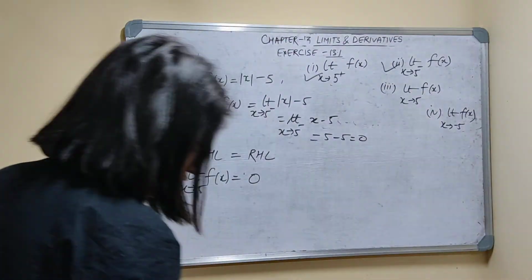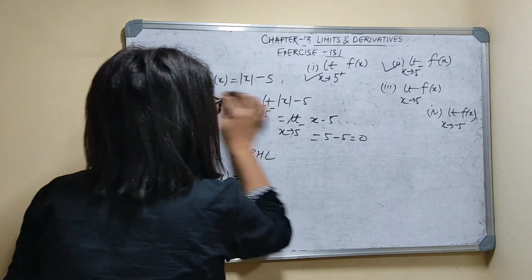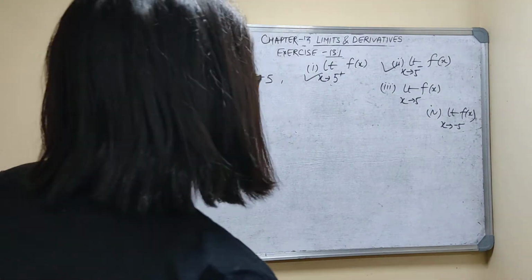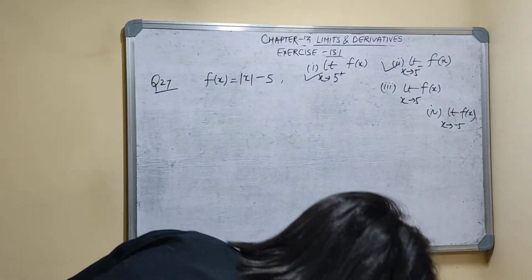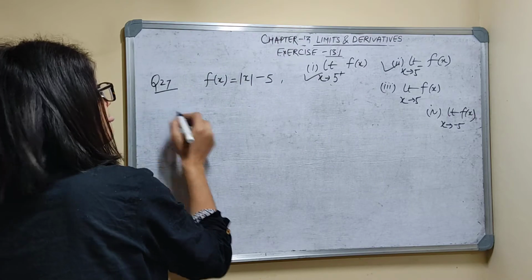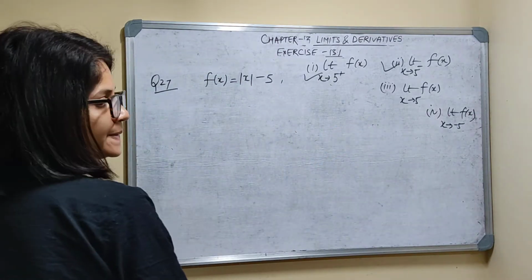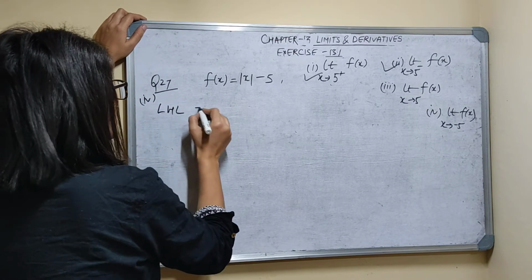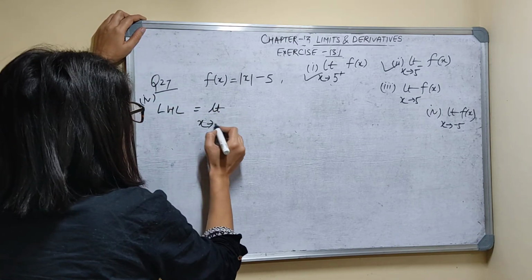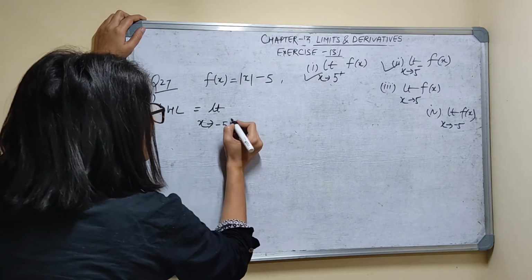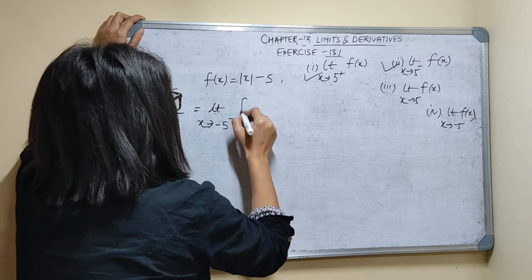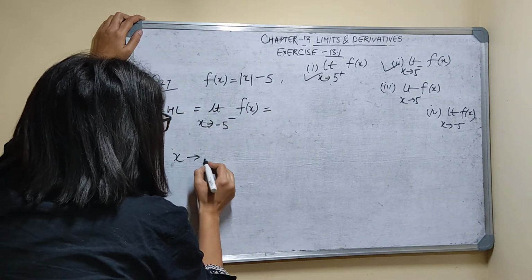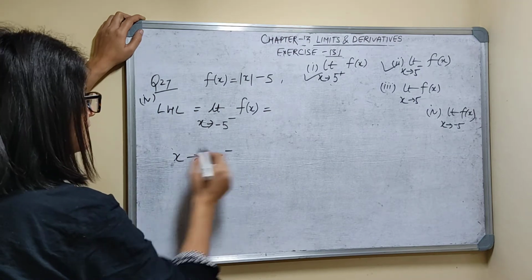Okay. Now fourth part we have to do. Limit x tends to minus 5 of f(x) you have to find. So here also the left hand limit you have to find. Fourth part I am doing. Limit x tends to minus 5 minus. It means what?